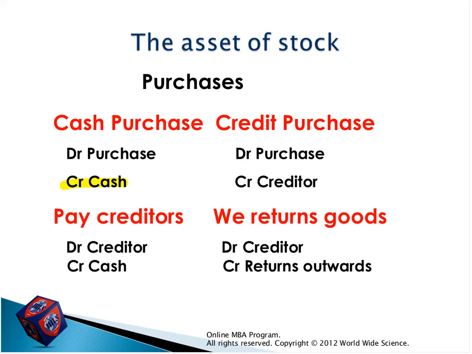And the purchases, we buy some raw materials or some stock, and it will be increased, and we show it on the debit side, right? This is the simple one. We have seen the sales, but this is the opposite because in purchases we buy products and we pay our suppliers.